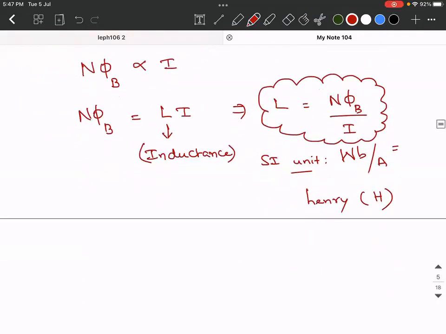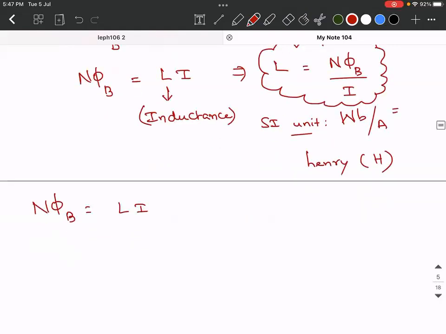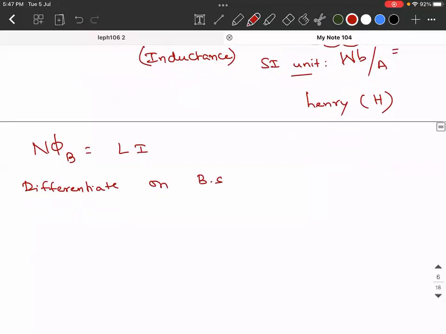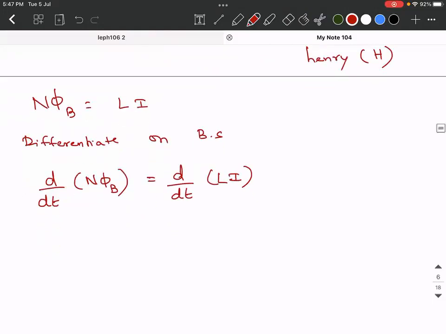Okay. Now listen. N times phi B, you're writing it as L into I. Now, if I differentiate on both sides, what am I doing? If I differentiate on both the sides, I'll get d by dt of N into phi B is equal to d by dt of L into I. Right?